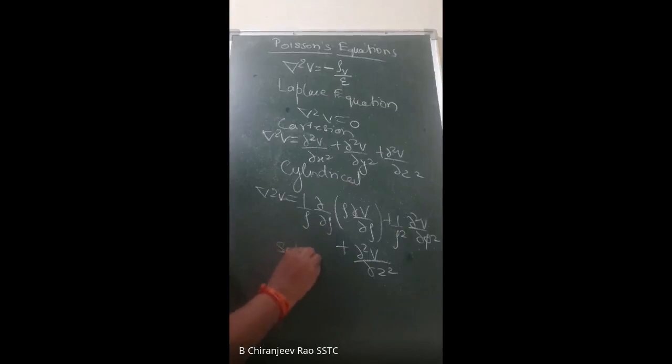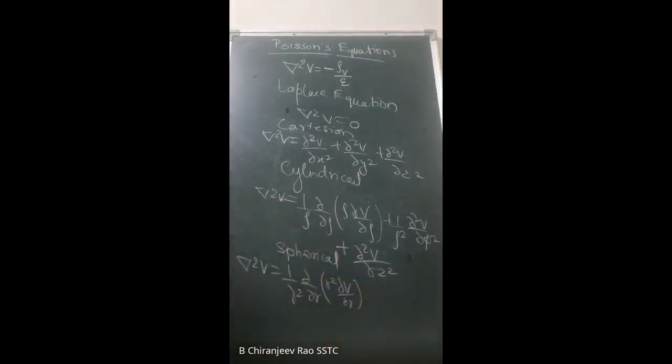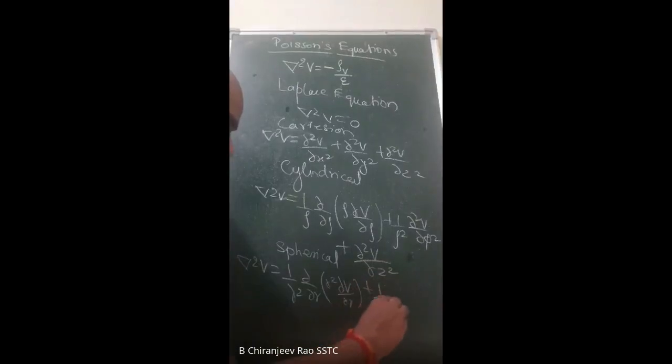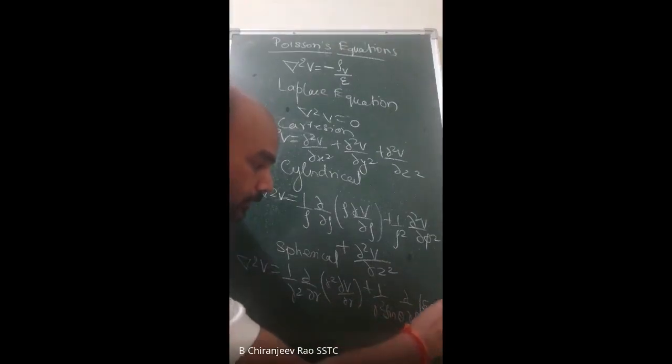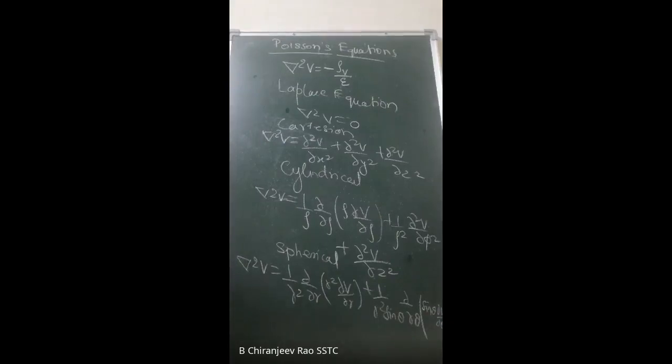Okay, and for spherical, this is del square V is equal to 1 upon r square del by del r of r square del V by del r, plus 1 upon r square sine theta del by del theta of sine theta del V by del theta, plus 1 upon r square sine square theta del square V by del phi square.